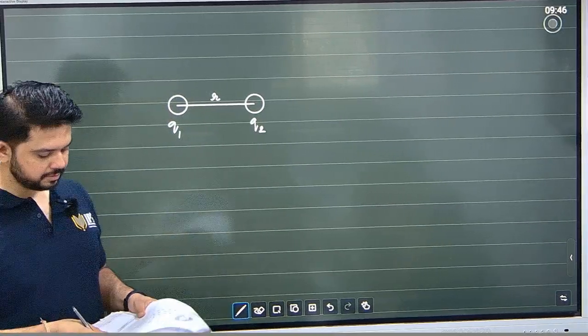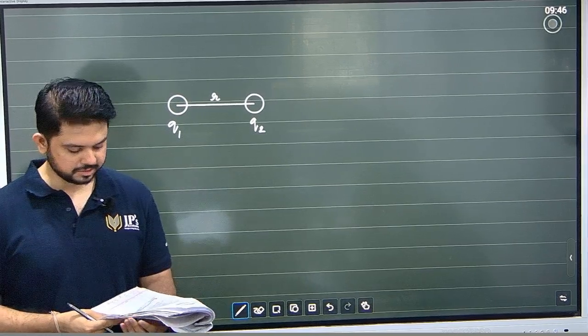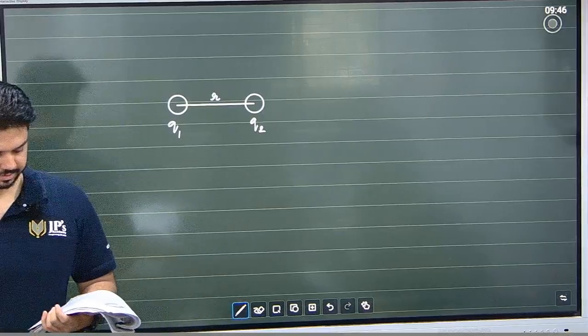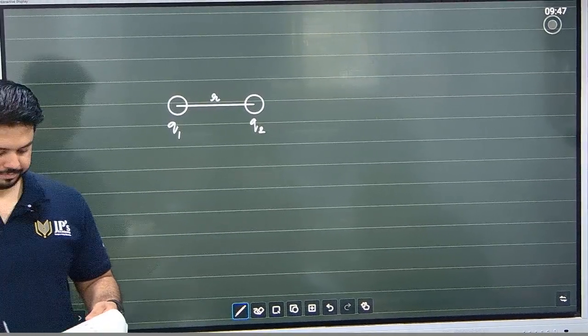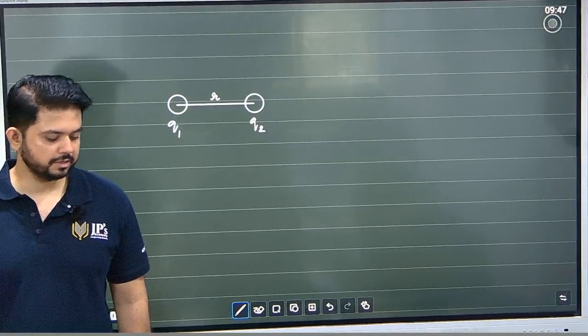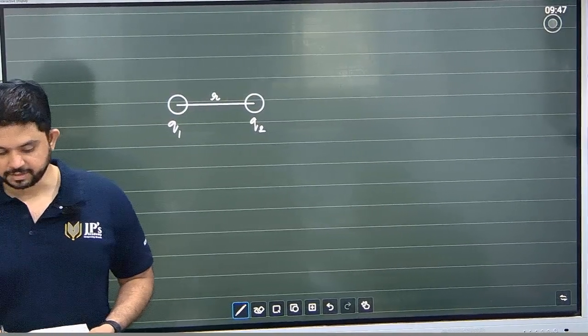Second point. Few alpha particles were deflected by small angles.